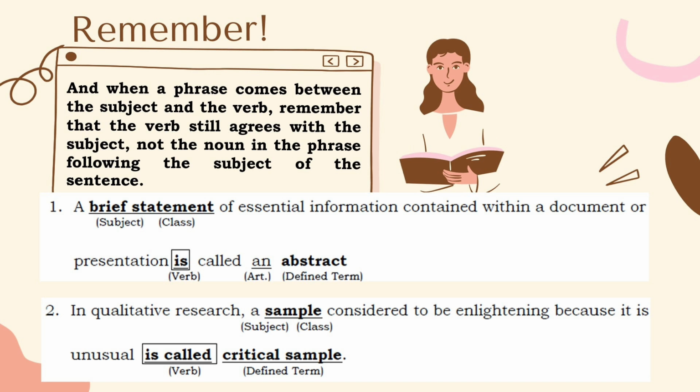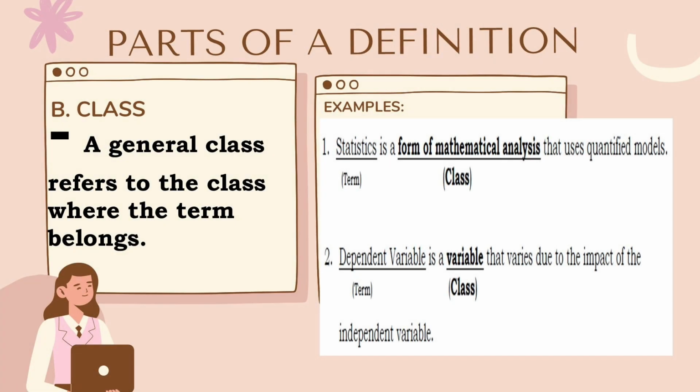A brief statement of essential information contained within a document or presentation is, since our subject is brief statement, still having is as the verb, called an abstract. So please take note of this and don't forget it in defining terms. And we're done with the first part of the definition.